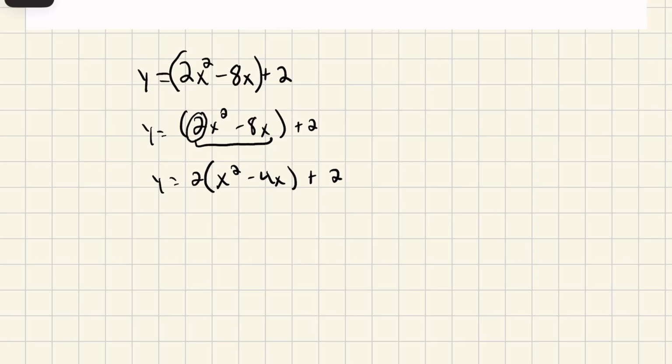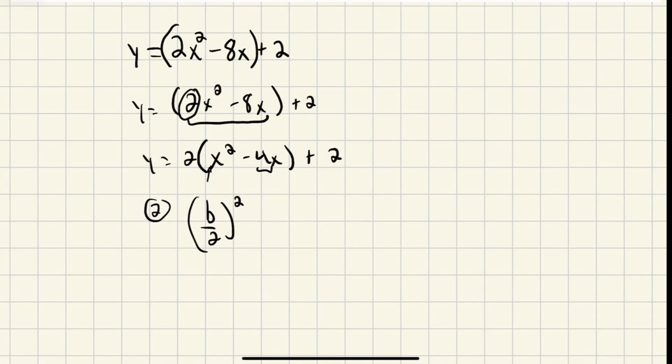Now the next thing that we're going to do is, again, identifying that this is the a and this is the b, we're going to divide the term b by 2 and square it. Now the purpose of doing this is so that we can help create this perfect square trinomial. So b by 2, which is -4 divided by 2 squared, and this is going to be -2 squared, which is going to be 4.